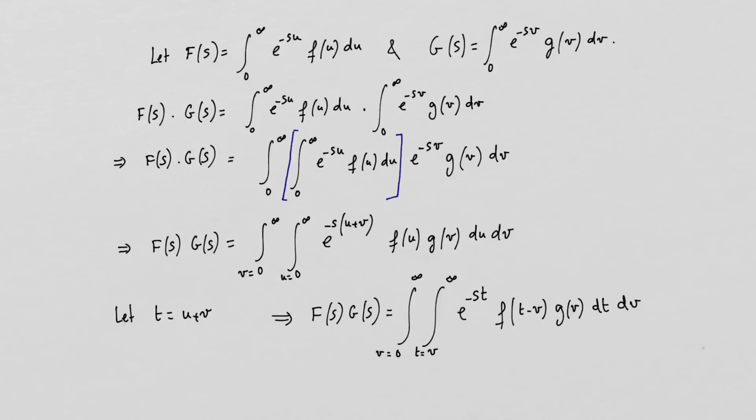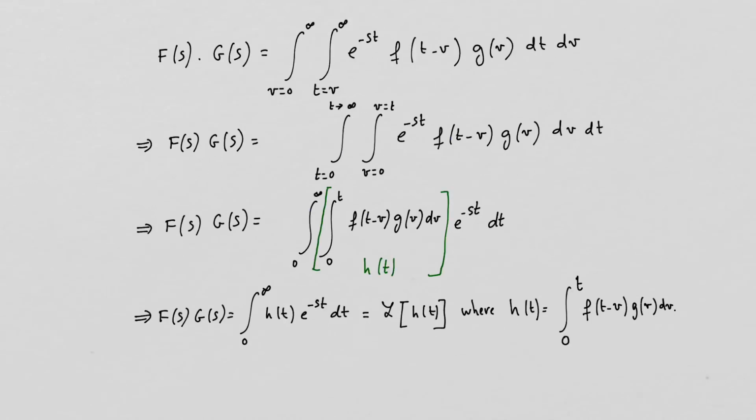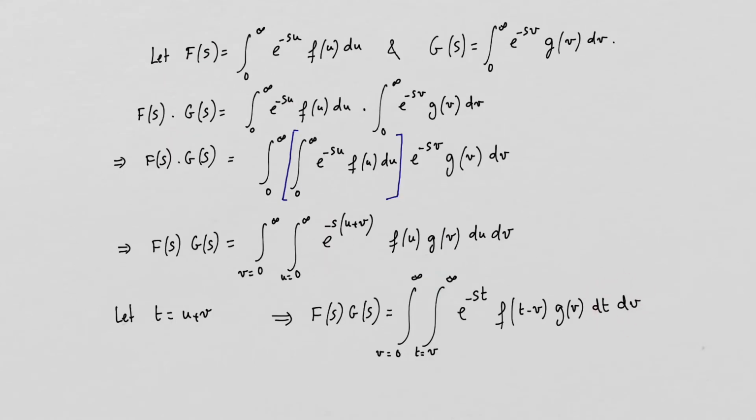a TV plane, and figure out if t goes from v to infinity and v goes from 0 to infinity, why is it true that t will go from v to infinity and v will remain from 0 to infinity, okay? So just do a little table, basically a TV plane, and let t go from v to infinity.